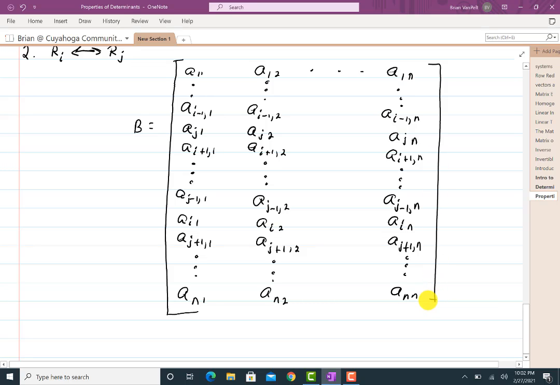And throughout, I've used a comma when I think it will be useful to separate the indices.